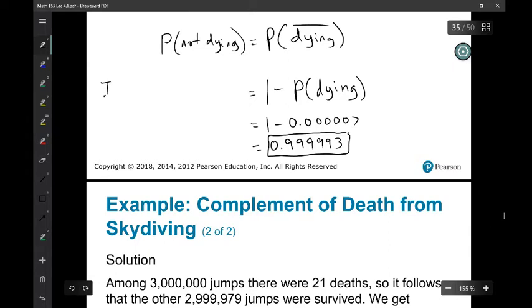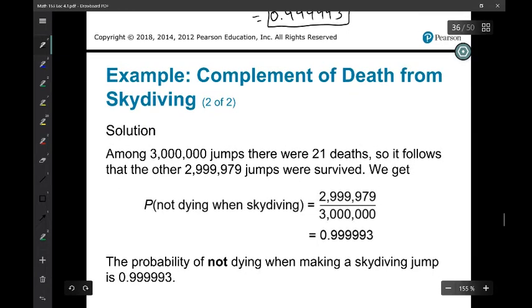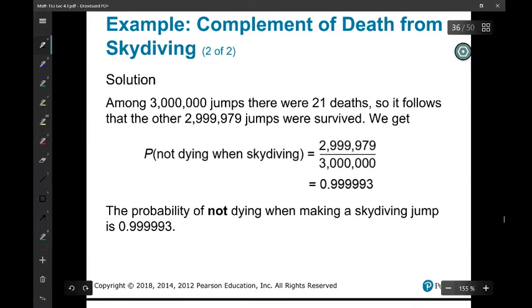In general, the probability of a complement is 1 minus the probability of A. And notice that if 21 deaths occurred out of 3 million jumps, then that means 2,999,979 jumps were survivors.